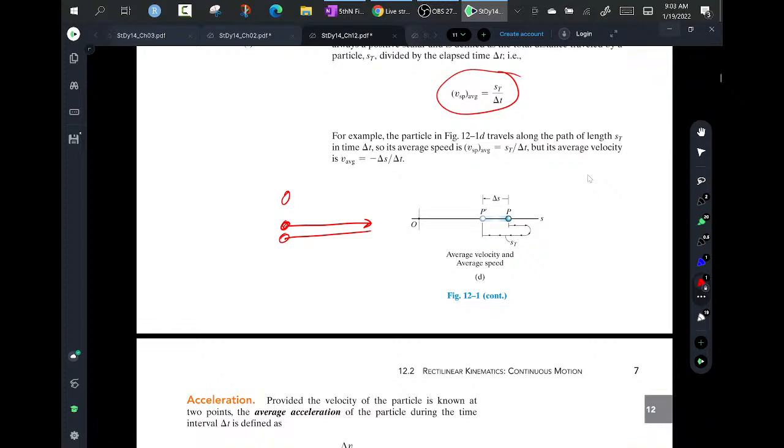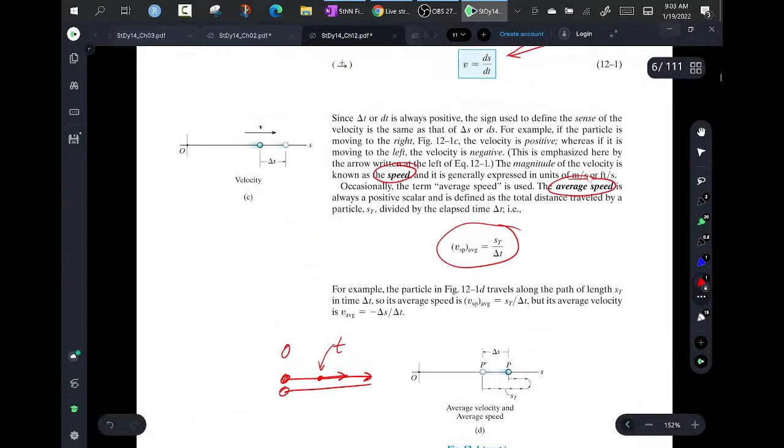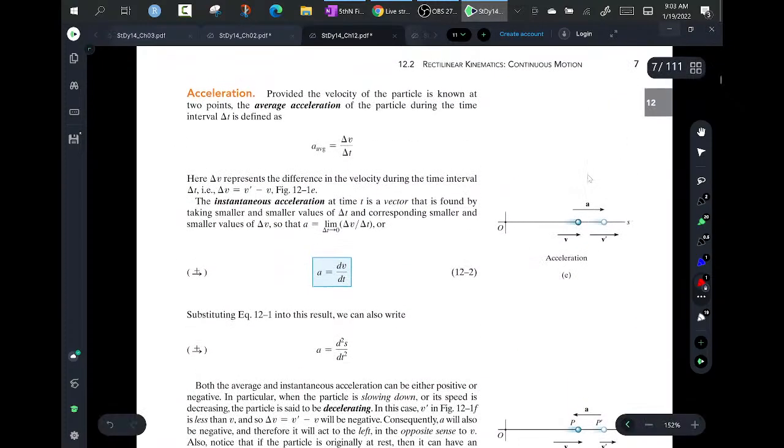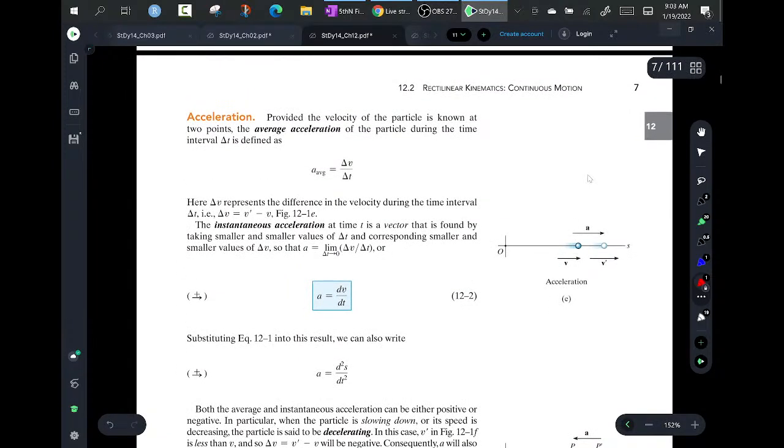The instantaneous velocity is basically at a certain time t. You look at the speed at that t. If you look at the average, that could be the distance covered over the time it took. In this particular case, distance total traveled was 0. So that's something to think about and is embedded in these problems.